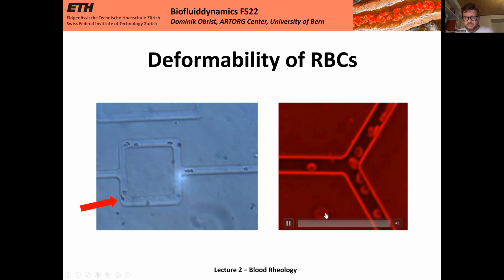Then the movie on the right is also from our group. It's a few years later, more recent. You see we managed to handle the red blood cells much better. They have more of a discoid shape, but nevertheless they are deforming heavily, especially those who are so-called lingering, hanging over the apex. They can undergo quite heavy deformation.